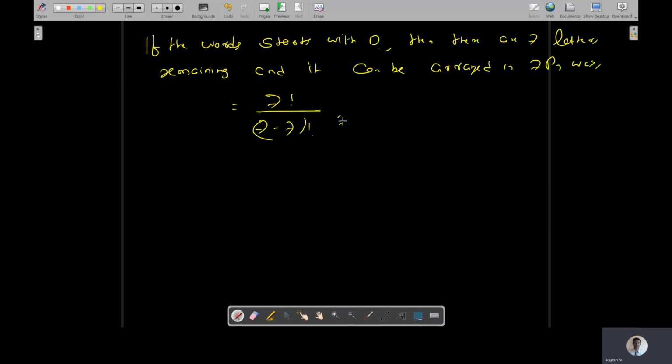What is 7 factorial? 7 factorial is equal to 5,040.